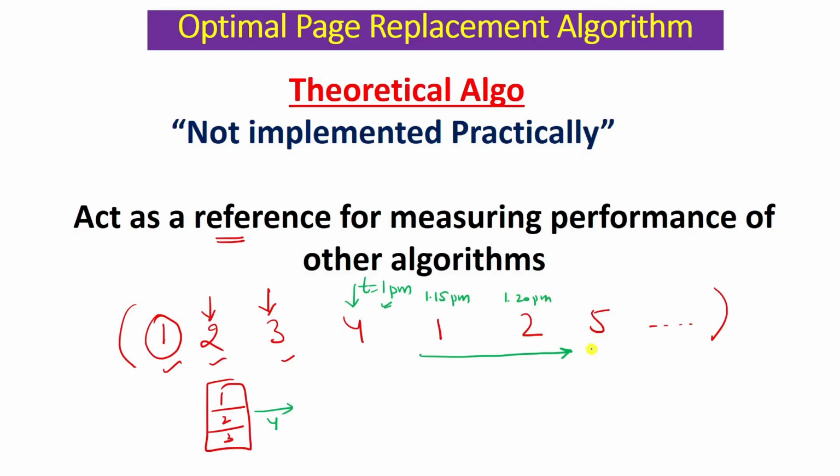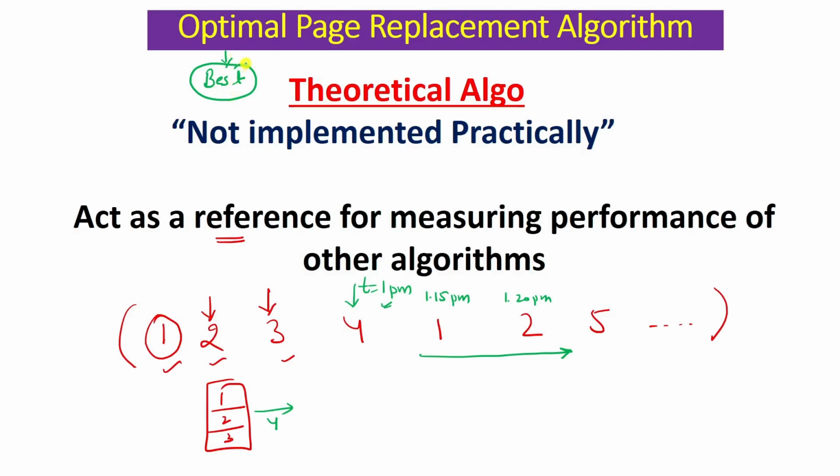So how can we tell which page will be used very late in the future? That's why this is a theoretical algorithm. This is just acting as a benchmark. And the optimal page replacement algorithm is actually the best page replacement algorithm out of the others. Why?